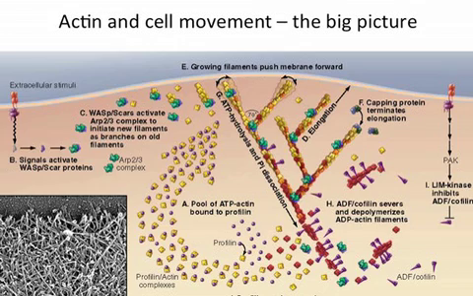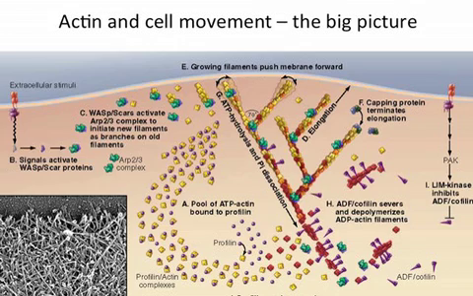And so you've got the growing filament that's pushing your membrane forward, right? The whole point here is you're chasing your bacteria. And then you've got capping proteins, whatever. And then at the back end, ATP hydrolysis, remember? You've got your ATP-bound new filaments and your ADP-bound old filaments.